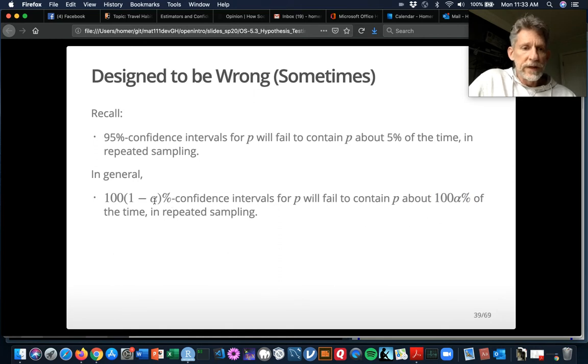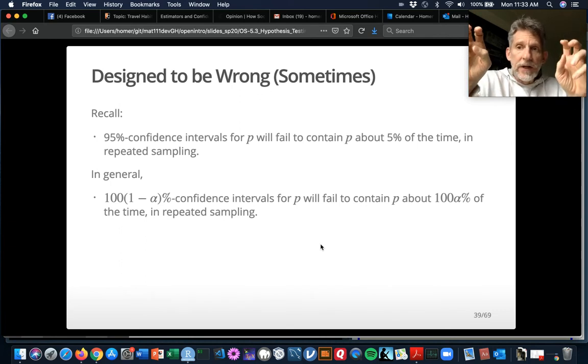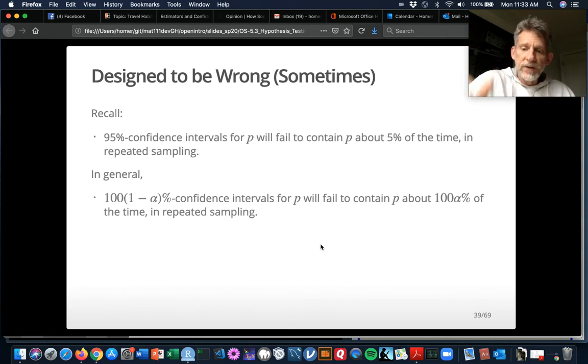But it works for the other levels too. Like if alpha was 0.10, you're making 90% confidence intervals. They're going to fail to contain about 10% of the time. So we're familiar with this idea that confidence intervals are designed using formulas where there's an expectation that they're going to be, quote unquote, bad intervals a particular percentage of the time in repeated sampling.